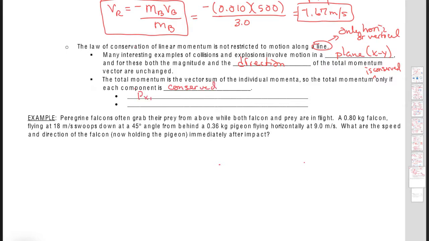It means px1 initial plus px2 initial plus dot dot dot, depending on how many you have, is going to equal px1 final plus px2 final plus dot dot dot, and you could write the same equation for the y. Again, there are a lot of subscripts when you do two-dimensional collisions.